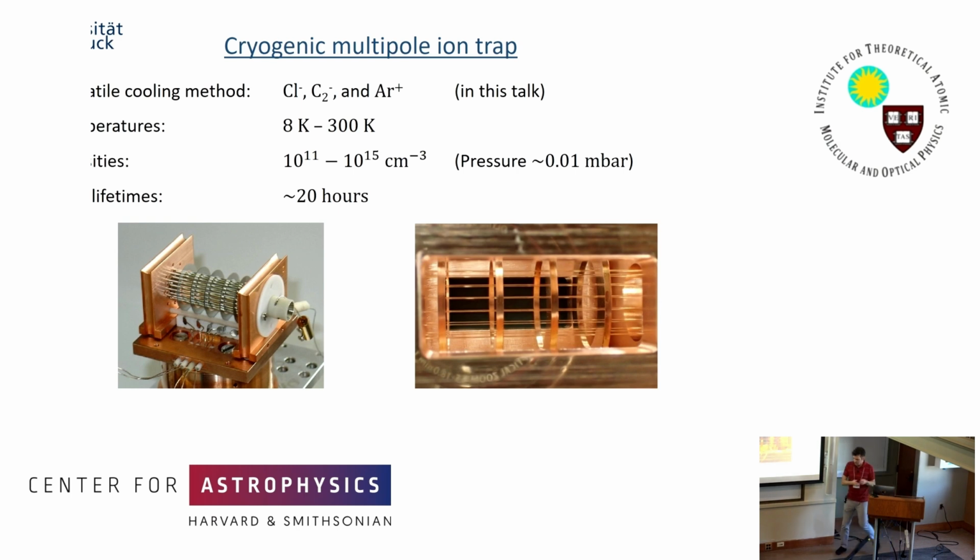Okay. Where was I? We can't trap our ions for months, but we do have trap lifetimes on the scale of hours, which is plenty long for our experiments. Of course, all these numbers look really good. I do have to say that we rarely can get all of these parameters at the same time, right? So you have to pick and choose which ones you want.